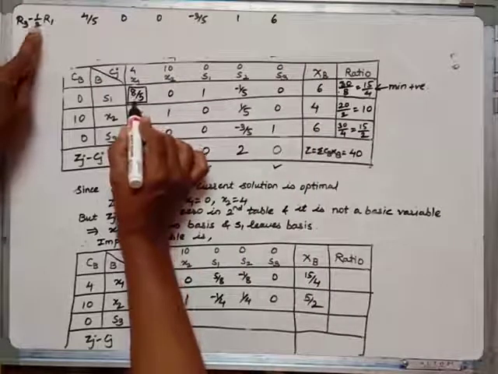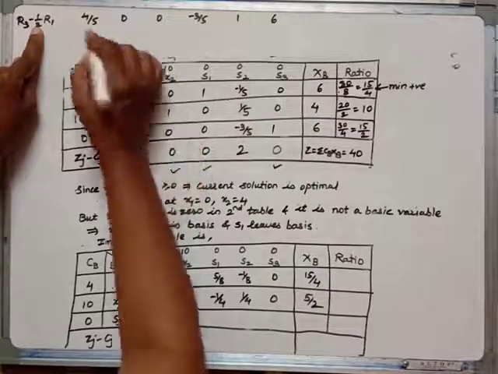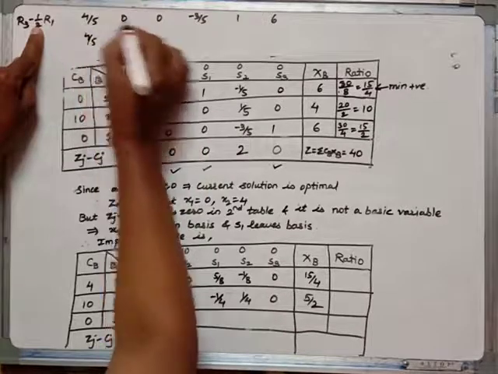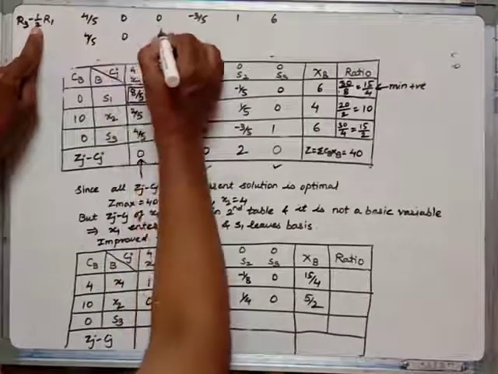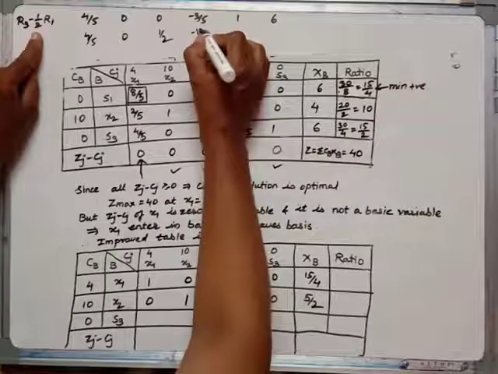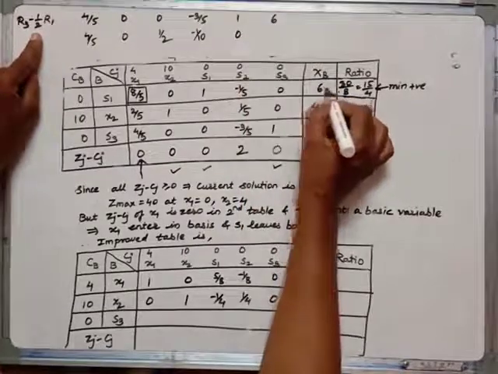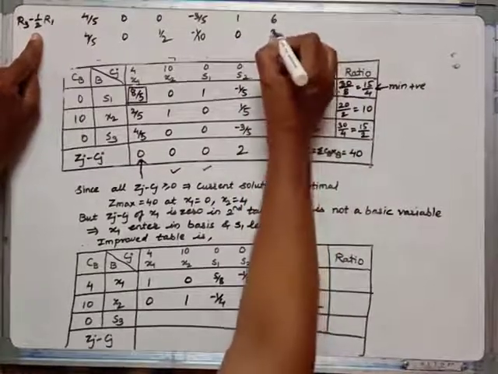Now, half times R1. We have to multiply by half to this. Half into 8 by 5 will be 4 by 5. Here 0, here half. Minus 1 by 5 times half will be minus 1 by 10. Then again 0 and half into 6 will be 3.